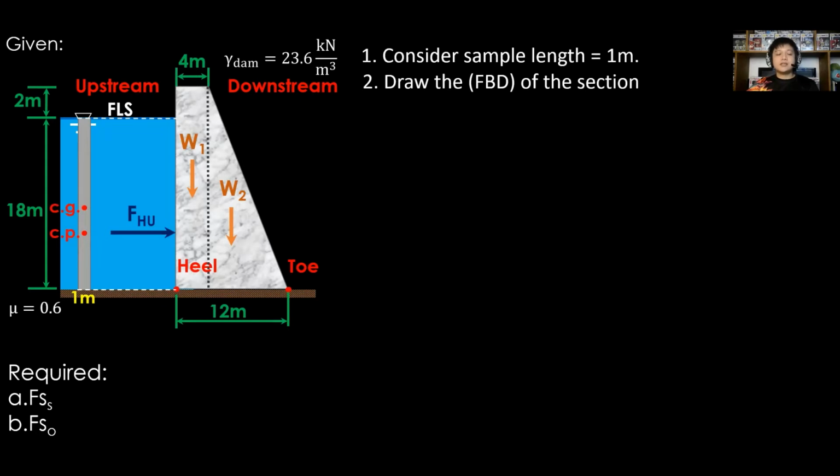Then, let us now consider the value of the identified forces, starting with the hydrostatic force FHU. FHU is equal to gamma of water times H bar times A, wherein H bar is equal to the distance from CG to free liquid surface, that is 18 divided by 2, or that is 9 meters.